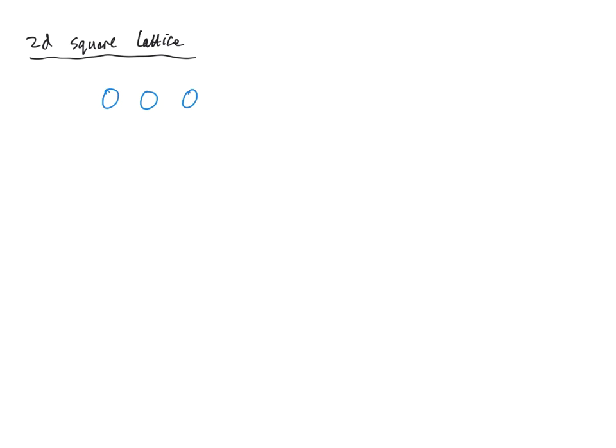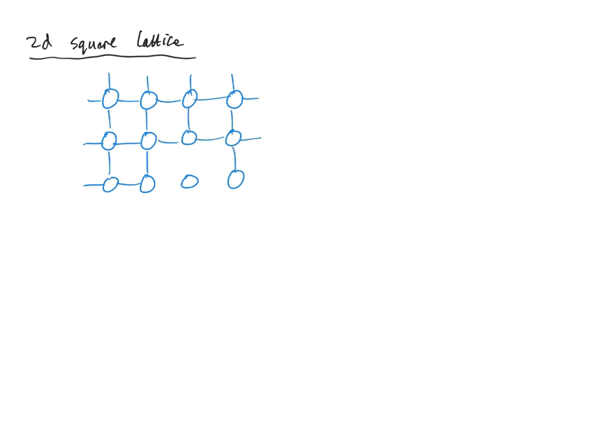Imagine that I have a bunch of orbitals. And then I have a bunch of bonds that connect these orbitals in an obvious fashion. And the key point is that if I take a particular orbital, let's say this one, in the middle of the lattice, I can imagine this is my unit cell.